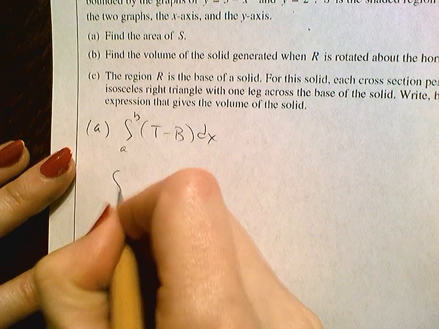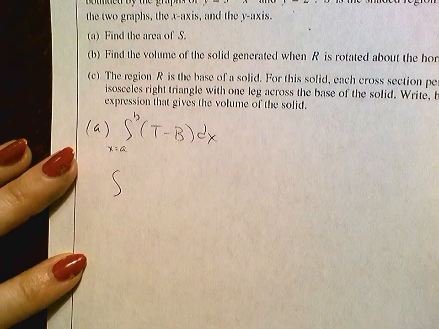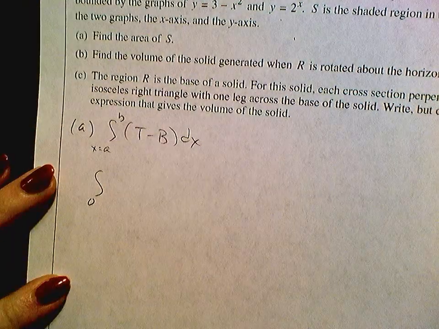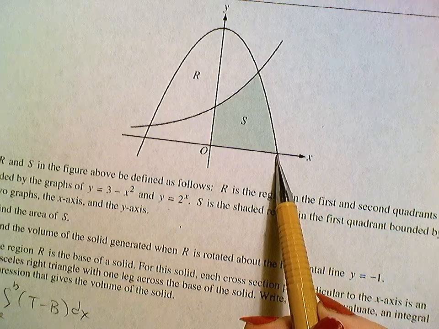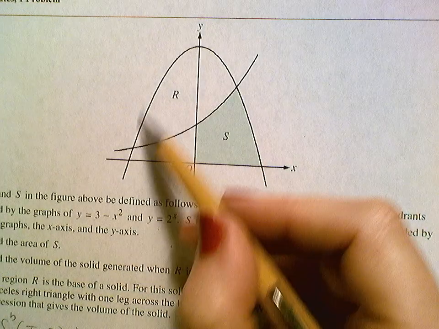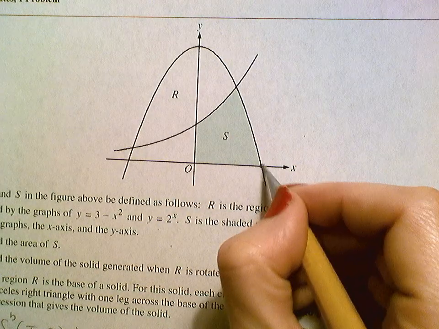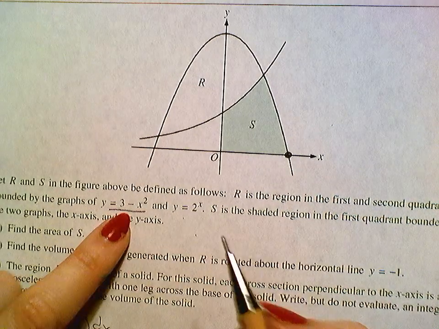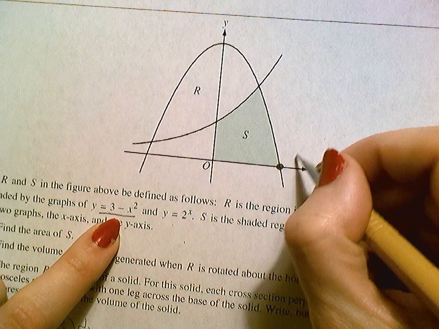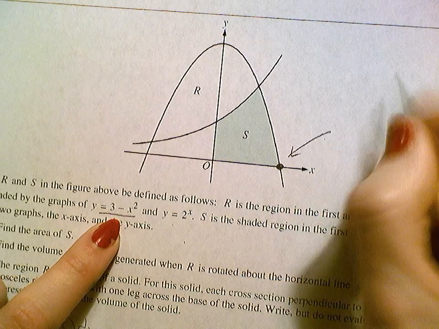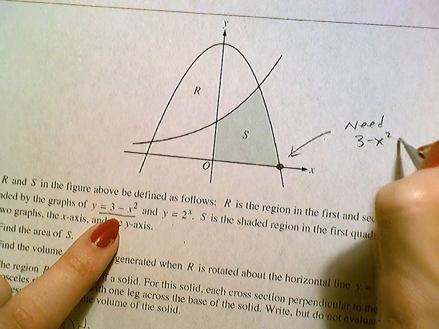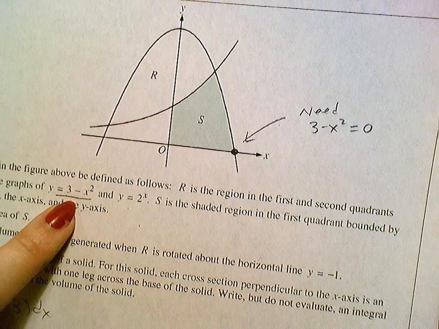So this is going to be the integral from, and these are x's, the leftmost x value is 0. The rightmost x value is where the parabola hits the x-axis. For this point right here, we need 3 minus x squared equal to 0.